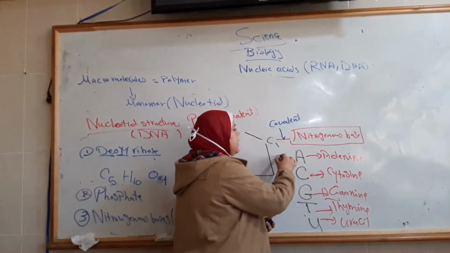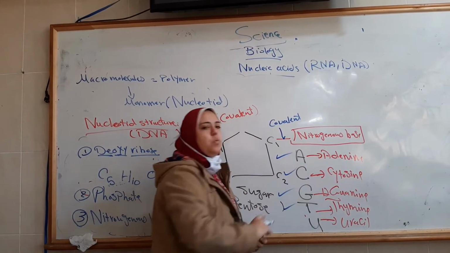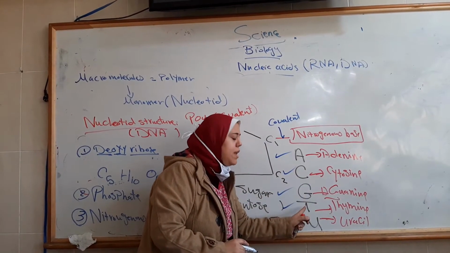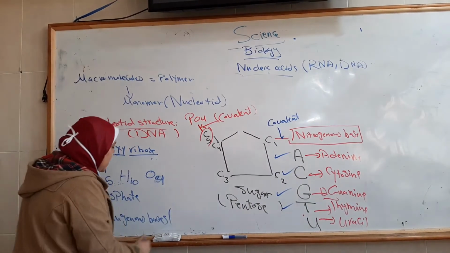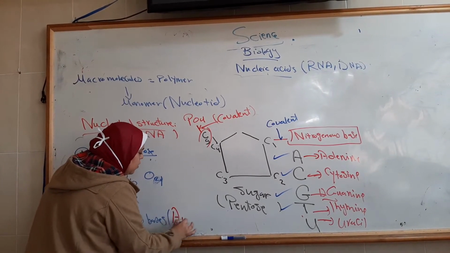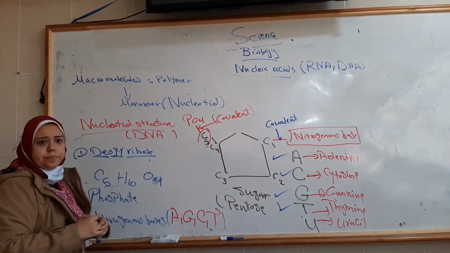Look here, adenine with me, cytosine with me, guanine with me, and thymine with me. No uracil. So the types of bases here are adenine, guanine, cytosine, and thymine.